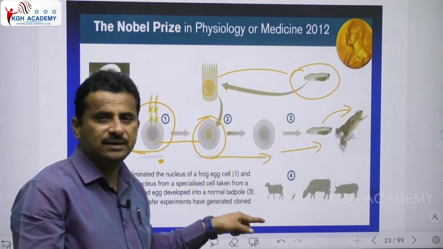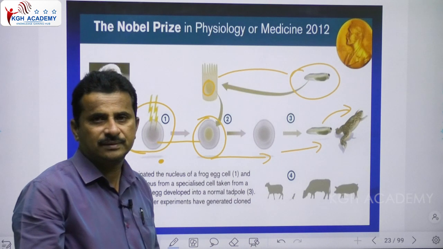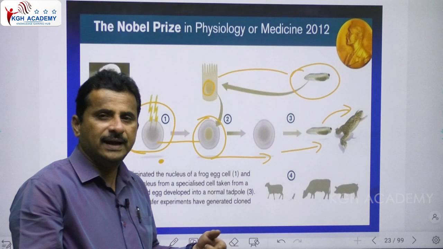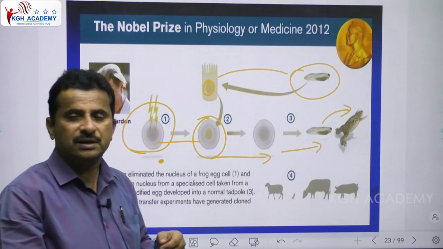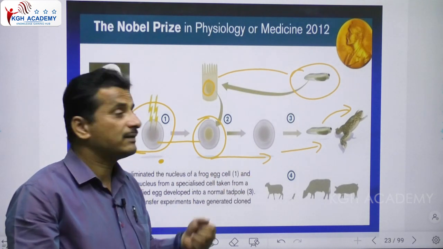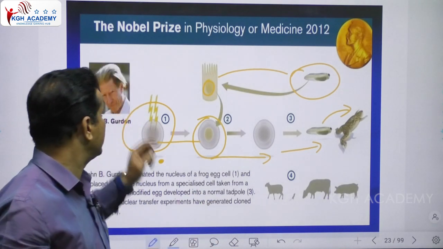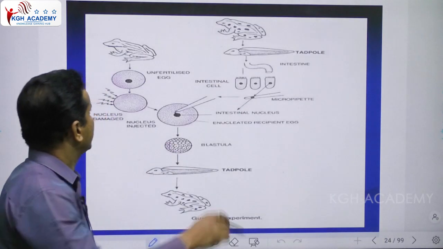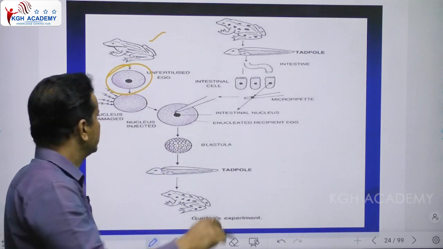The same techniques were later applied to animals by the next scientists. This was the first somatic cell nucleus transfer, and the first cloned animals using SCNT were produced by John Gurdon. John Gurdon produced a frog tadpole larva by using the SCNT technique. That's why he is called the godfather of cloning. And next, the same: a frog egg, an unfertilized egg.